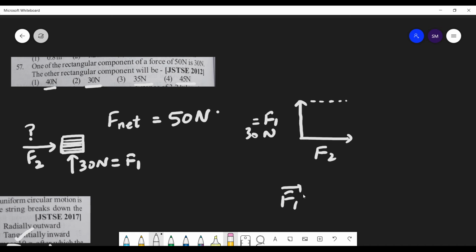These two are vector forces. So how are these vectors added, so that you get the net resultant as 50 Newton? You cannot add them like F1 is 30 Newton, F2 is 20 Newton.